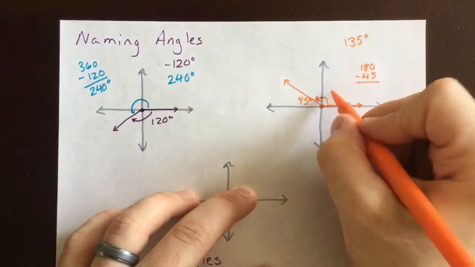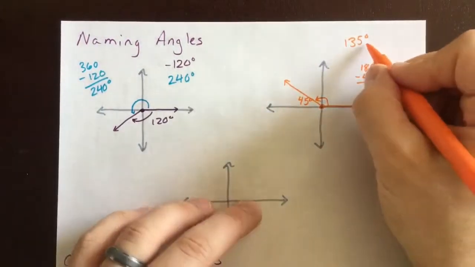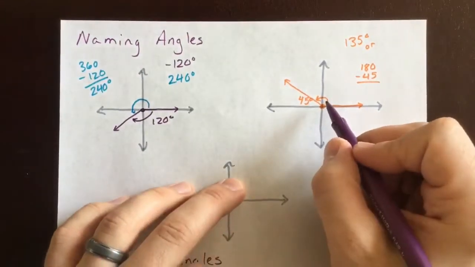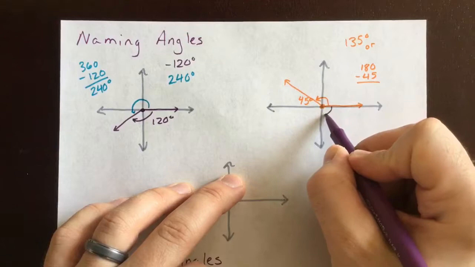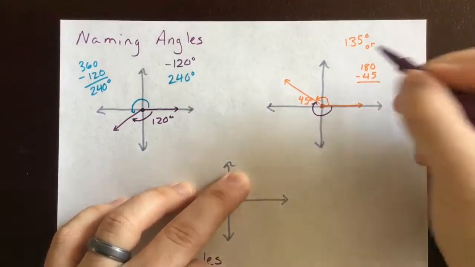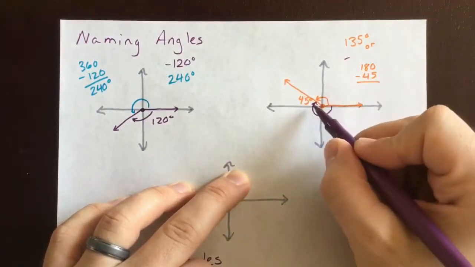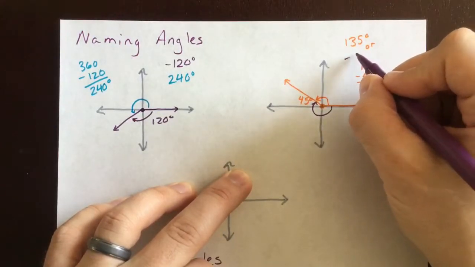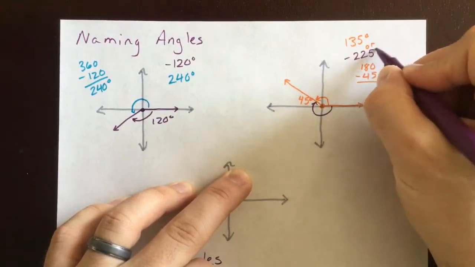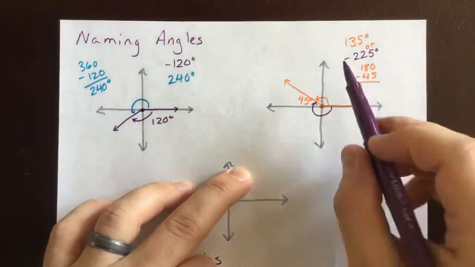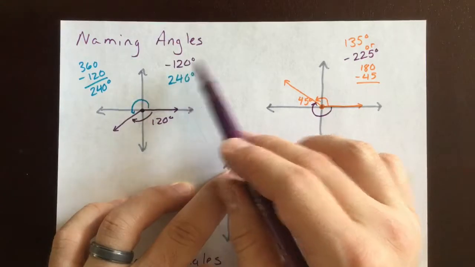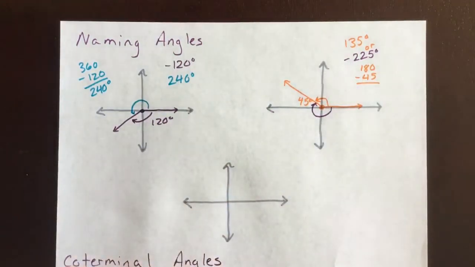So this angle could be 135 degrees. Or we could argue that this angle measure is, coming the other direction with a negative, 180 plus 45, that would be negative 225. So the common thing is we're able to name angles with a positive and with a negative representing that.